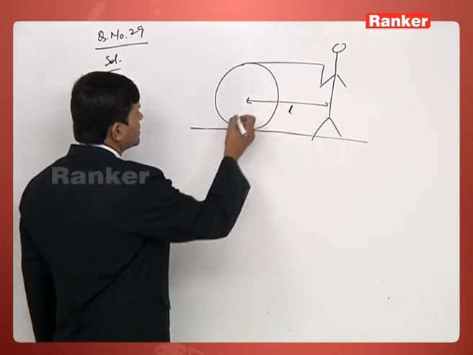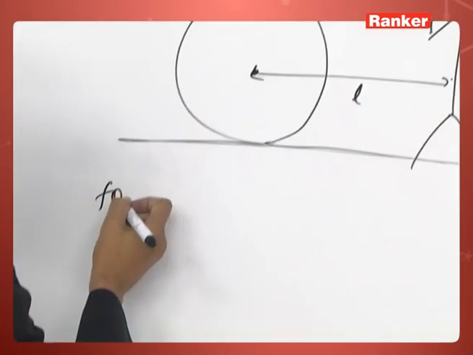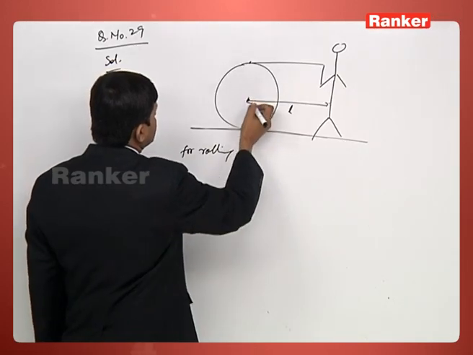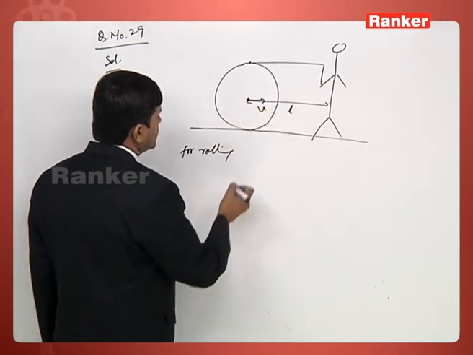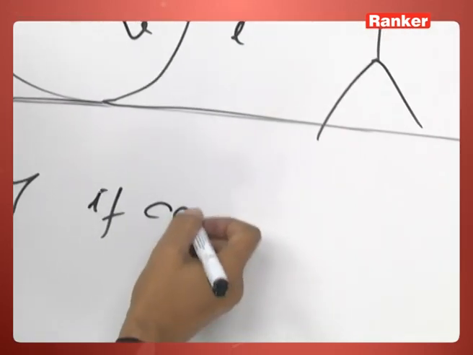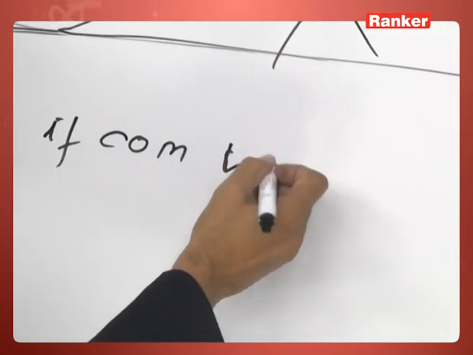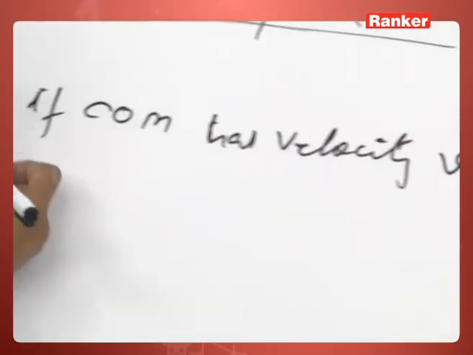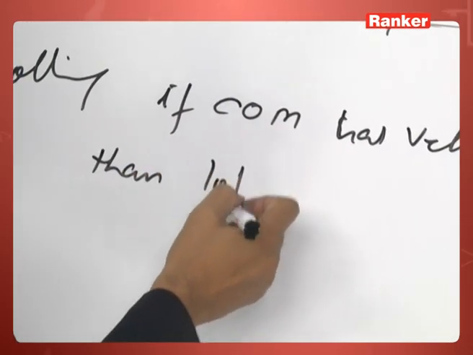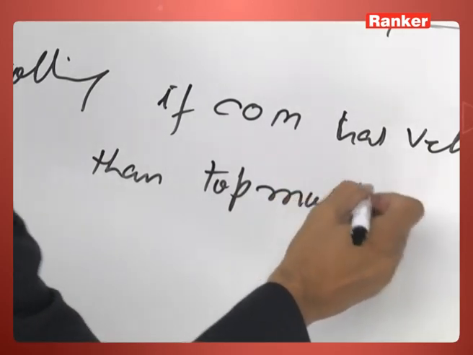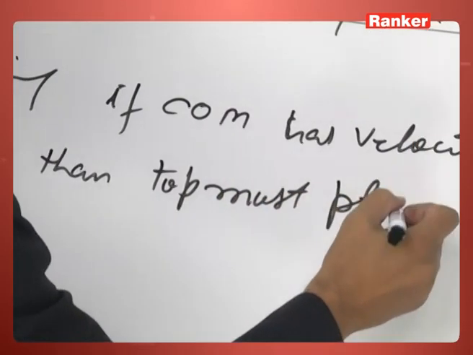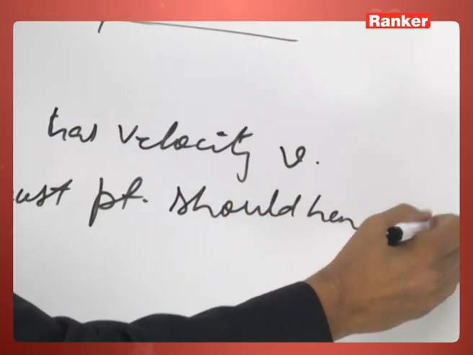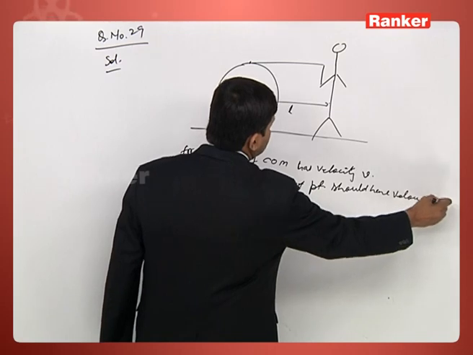As we know, in case of rolling, the point of contact has zero velocity. If the center of mass has velocity v, then the topmost point should have velocity 2v.